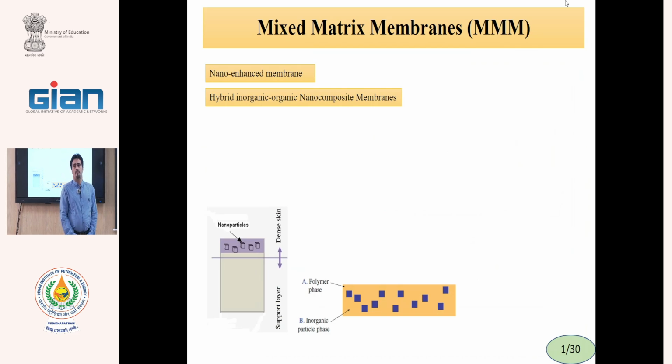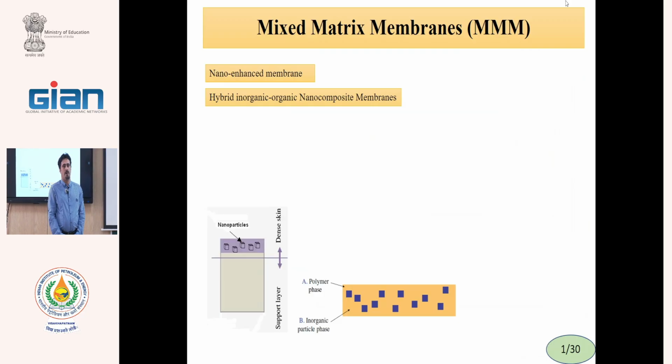Therefore, the use of nanomaterials in the fabrication of membranes is very important, and the subject of my PhD thesis 15 years ago was the use of nanomaterials in membrane fabrication.